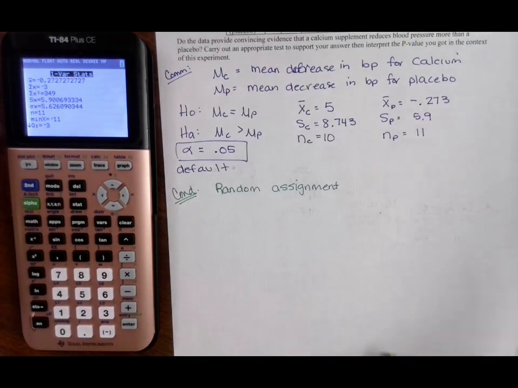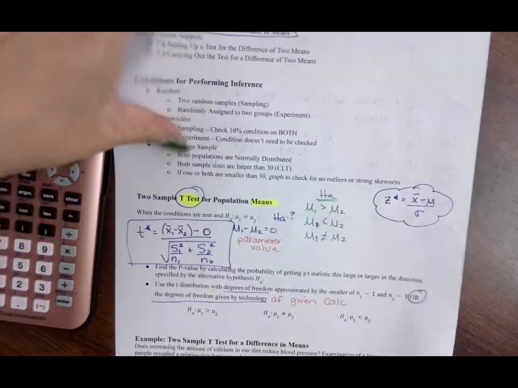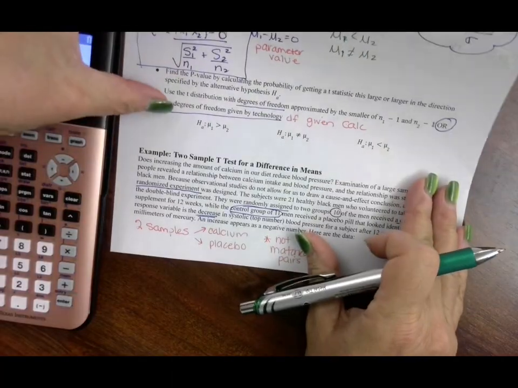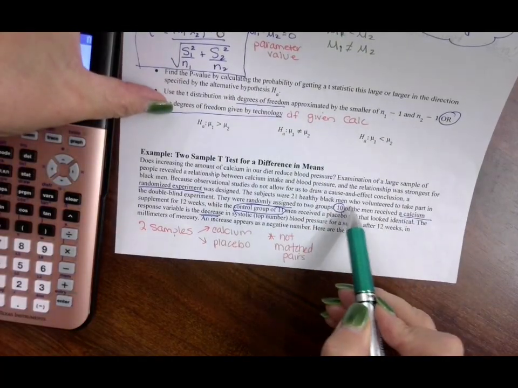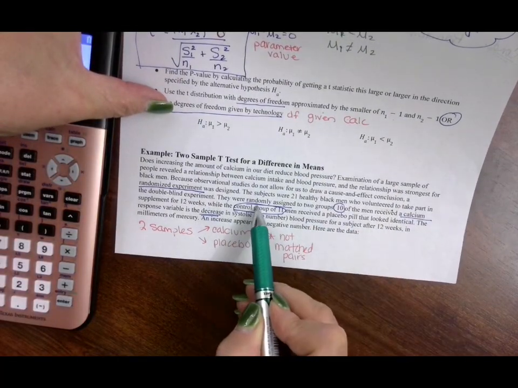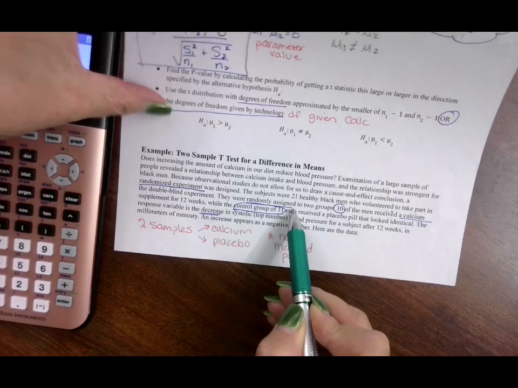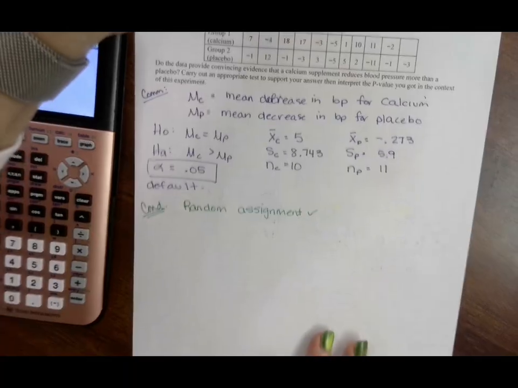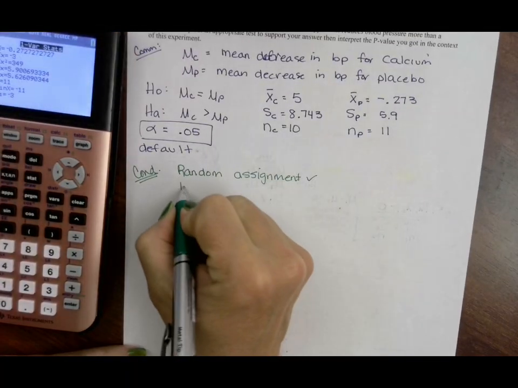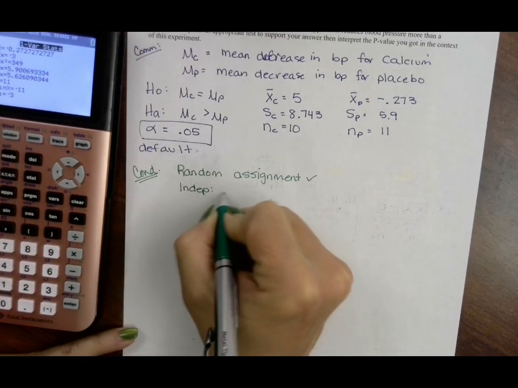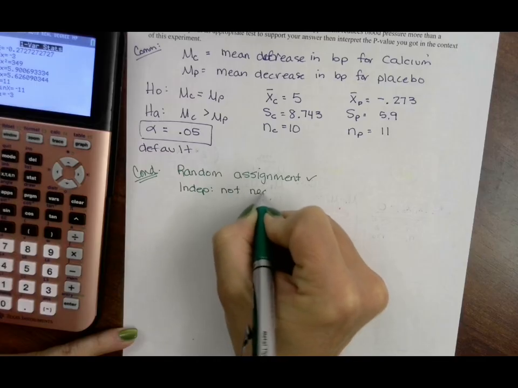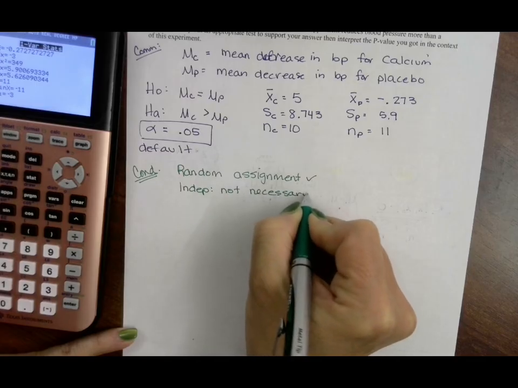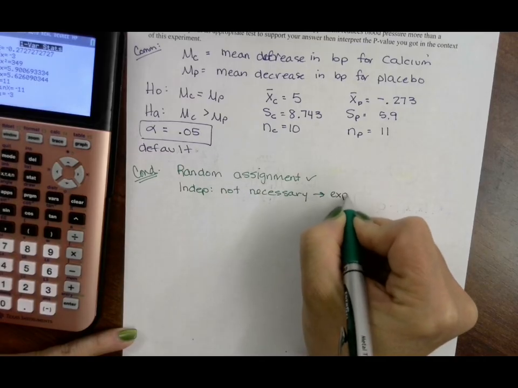So if we go back and look over here, it tells us that even though they volunteered, so the men who volunteered to take part, they were randomly assigned into two groups. Okay, so we do have random assignment, so that checks that box. Independence, I'm going to say not necessary because it's an experiment.